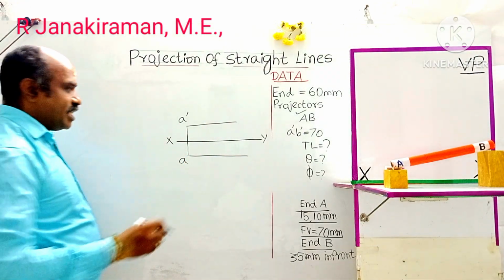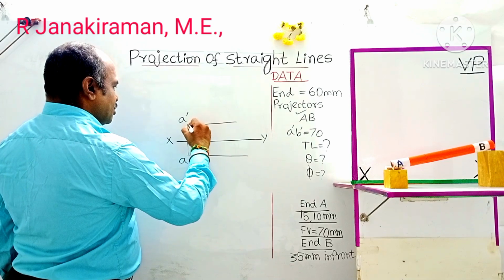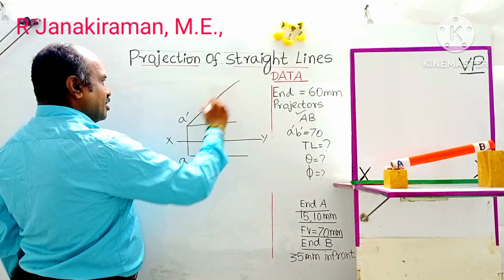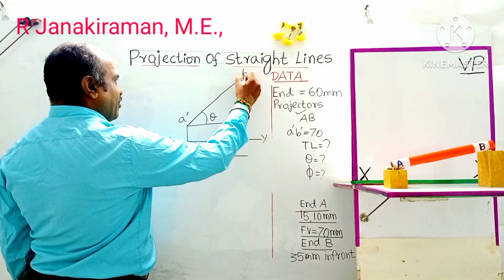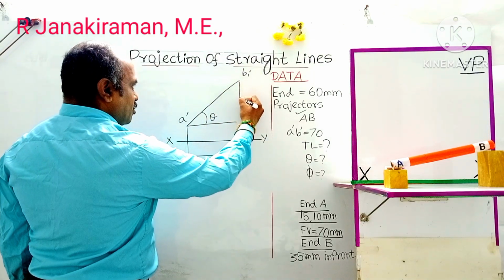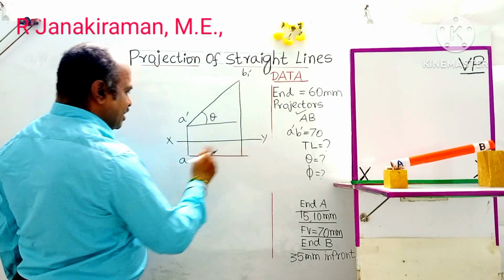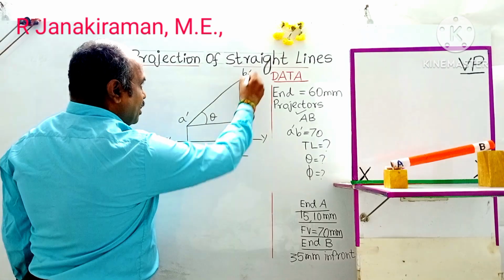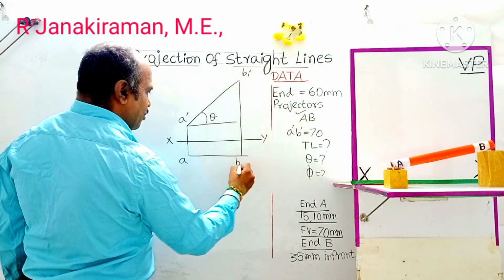Then true inclination with the HP is theta. This is the true length of the line. Theta is the angle. The end point shall be marked as B1 dash. Then draw a vertical projector downward, where it intersects the horizontal locus line passing through point A, shall be marked as B1. Remaining length you can erase.